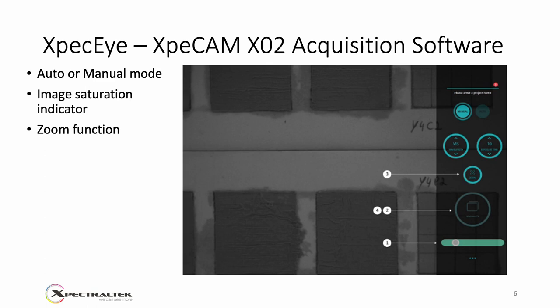During this manual process, the user interface provides two important tools to assist the user. One is the image saturation indication bar, where the optimal shutter time versus the objective lens iris can be visualized, avoiding dark or overexposed images, otherwise called saturation.